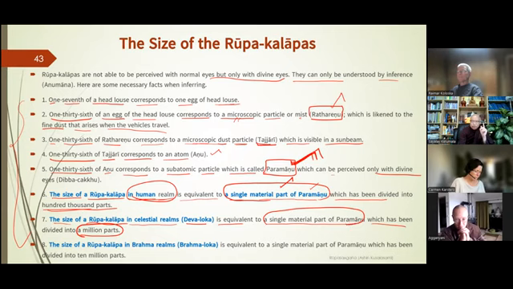Again, the size of a Rupakalapa in the Brahma realms, Brahma Loka, is equivalent to a single material part of the Paramanu divided into 10 million parts. So you can imagine how subtle and extremely delicate the Rupakalapa is.